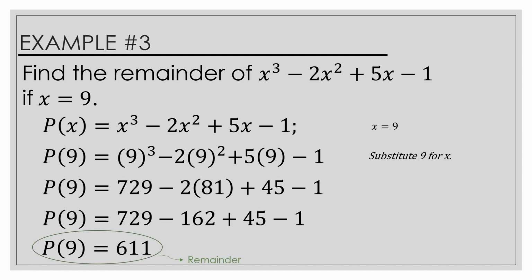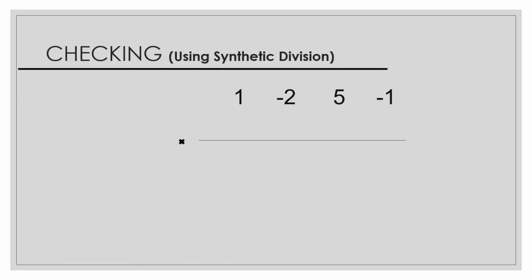Now, again, let's check using synthetic division. Again, write down the numerical coefficients, also the test zero. Bring down the first number, multiply by 9, that would give us 9.